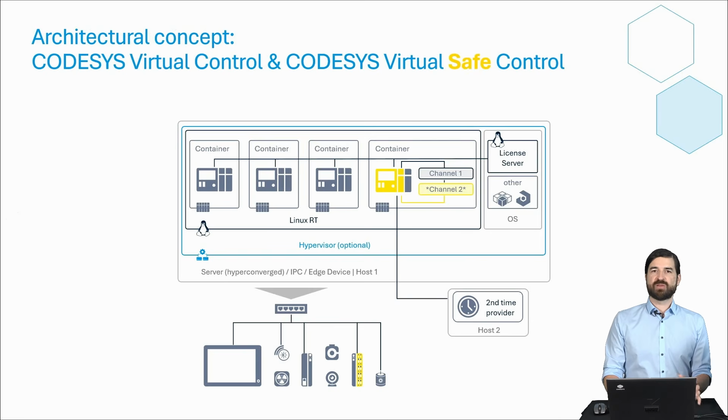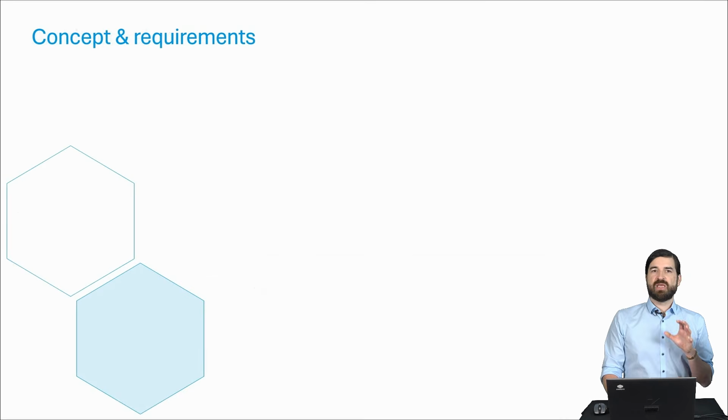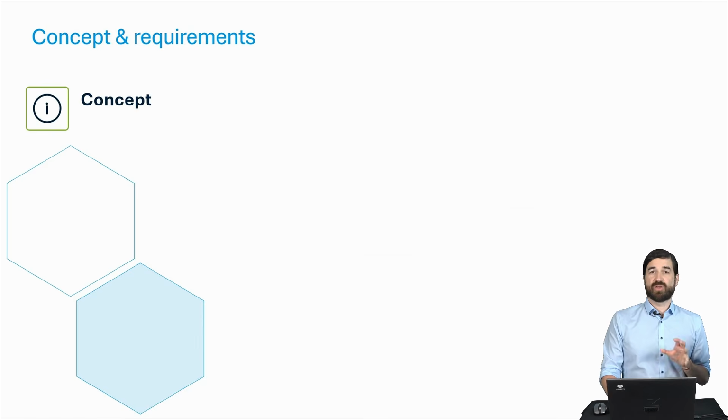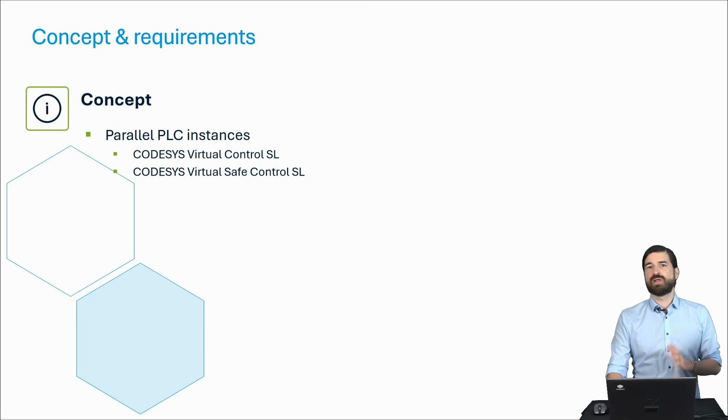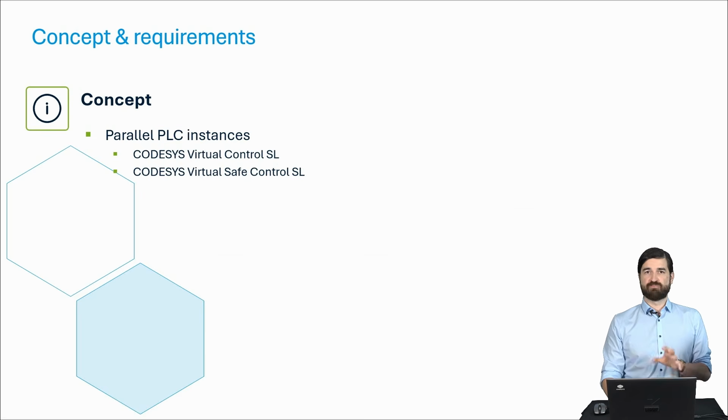Now, before we start the live demo, let me briefly summarize the concept and some important requirements. On the concept side, we run two parallel PLC instances, both the standard CODESYS Virtual Control SL and the CODESYS Virtual Safe Control SL on the same system.